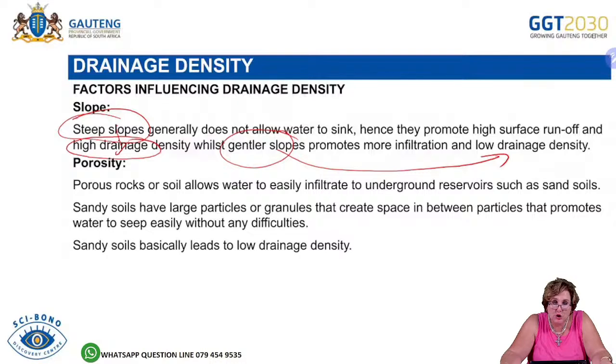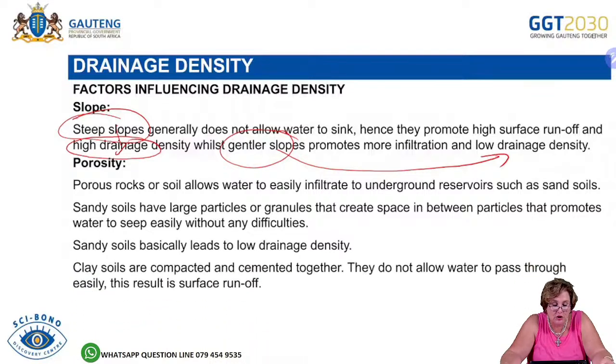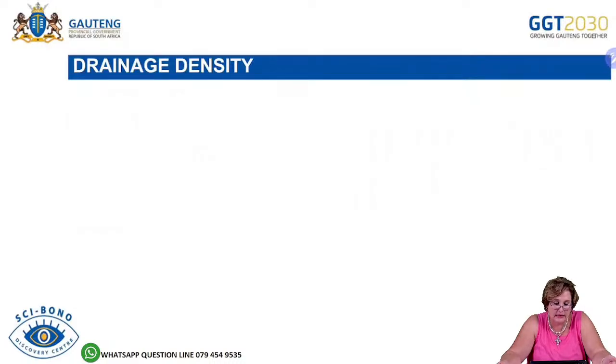Therefore, sandy soil or porous rocks have a low drainage density. However, if I have clay soil that is compacted and cemented together, the water will struggle to infiltrate. So I will have runoff. Therefore, I will have high drainage density.